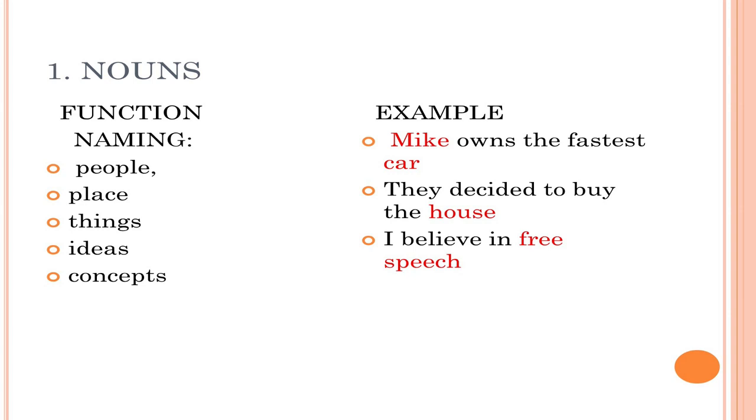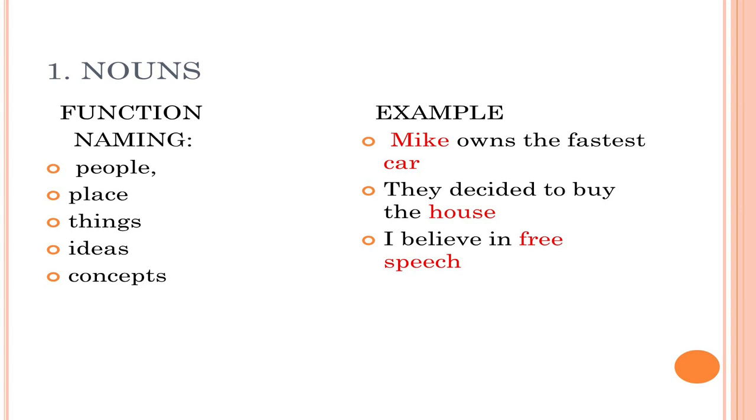In the third example I have here, it reads, I believe in free speech. In this example, free speech is a noun, but it's unlike the noun Mike, the noun car, the noun house, because we can see these other nouns that I've just mentioned, but we can't see free speech.